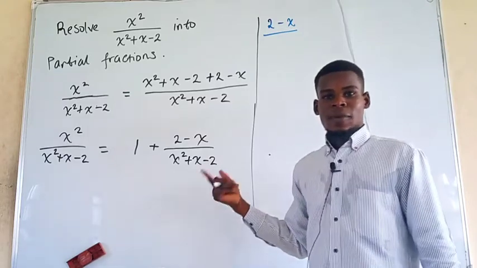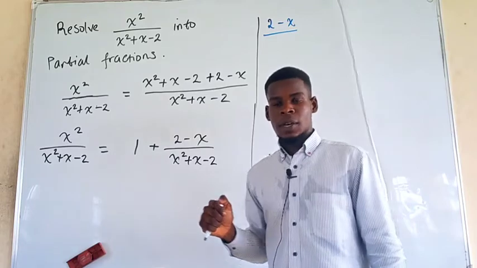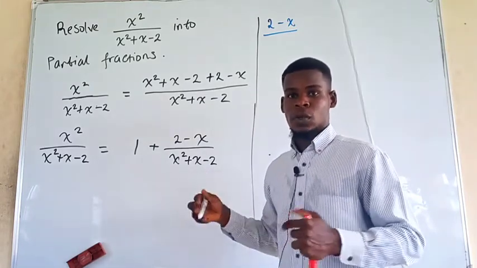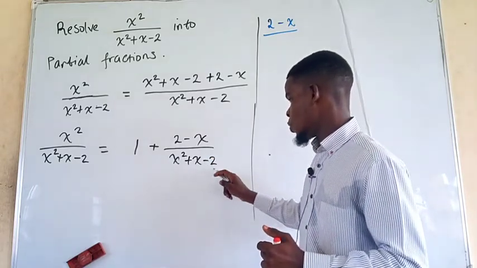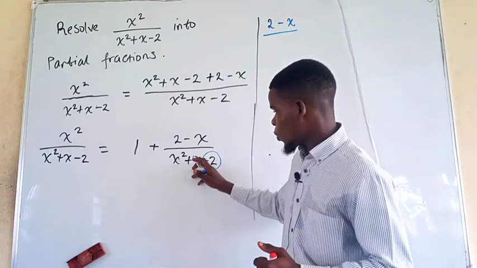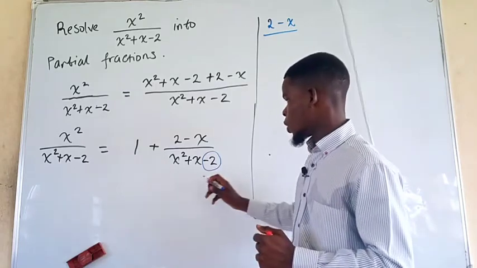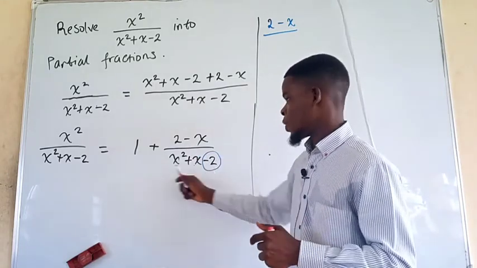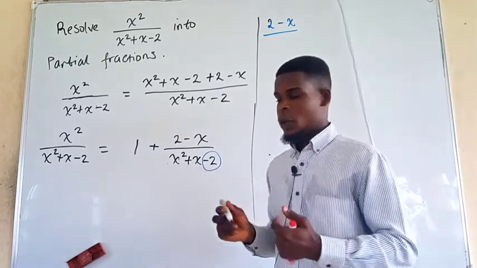This denominator has some factors. We can use the factorization method here, but to actually get the factors of this, we need to think of two numbers whose product will give you the last term here, -2, and whose sum will give you the coefficient of x. So those two numbers should be such that their product is -2 and their sum is +1.